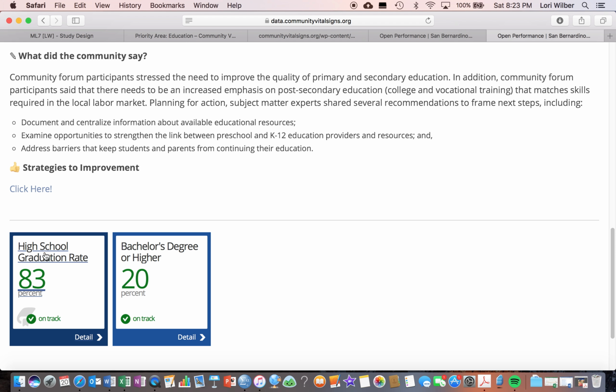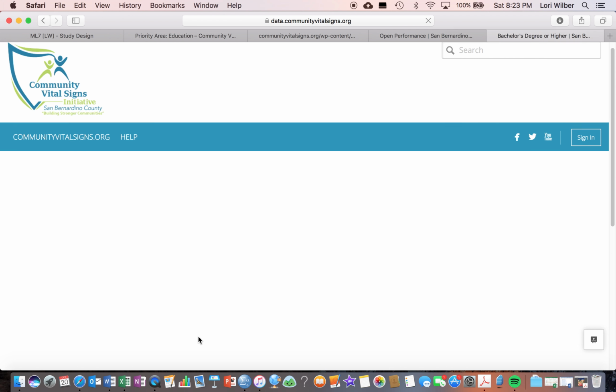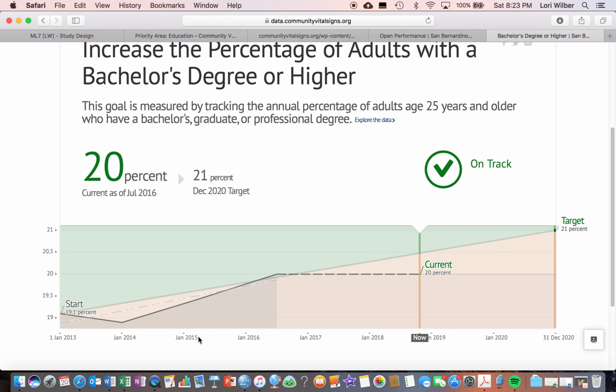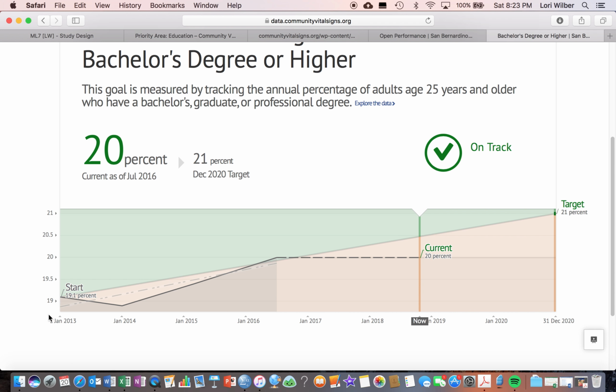And so you can see here we have high school graduation rate. You can click to add additional details. So bachelor's degree or higher. This gives us a graph of what's been happening over time. Notice that the y-axis starts at 19, 20, 21, where really our target is 21.